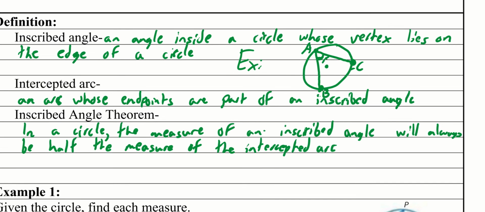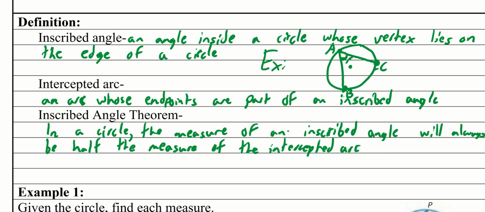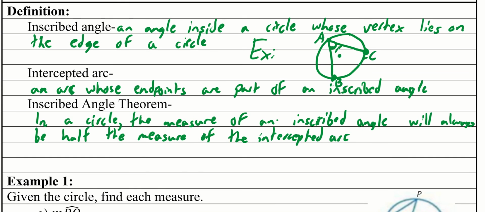We'd say the measure of angle A is always going to be 1/2 the measure of arc BC. Okay, this is what the theorem is telling us here. So this is nice because now I just know if I have one of them, I can find the other. So A is half of arc BC, or in other words, if we swap that around the other way, arc BC is always going to be twice the size of angle A. Either way we can use that here.